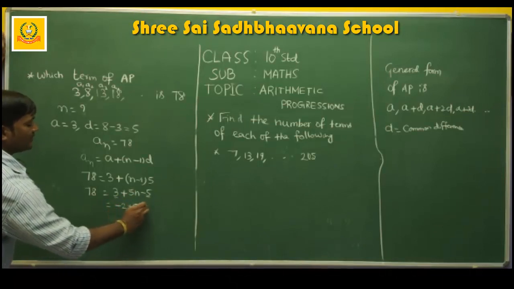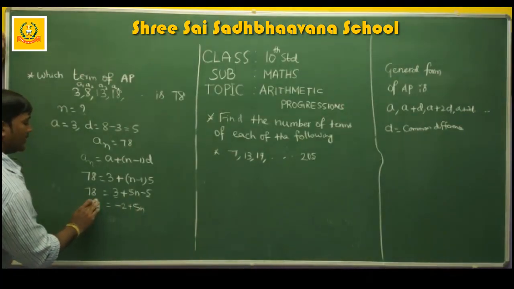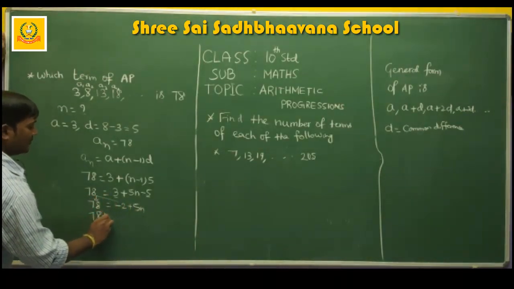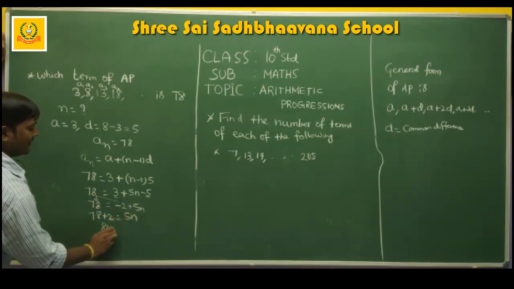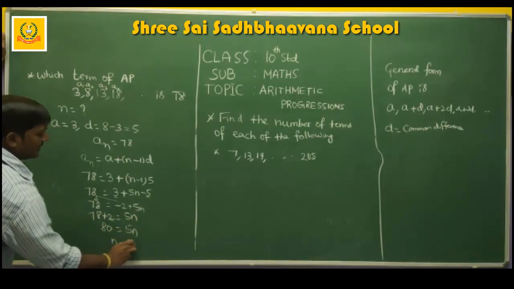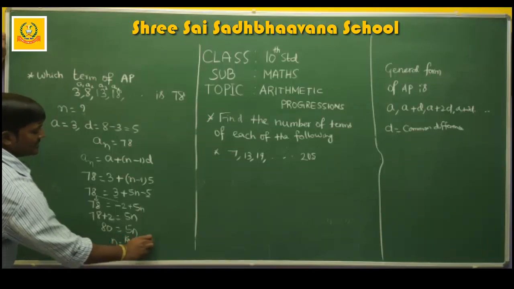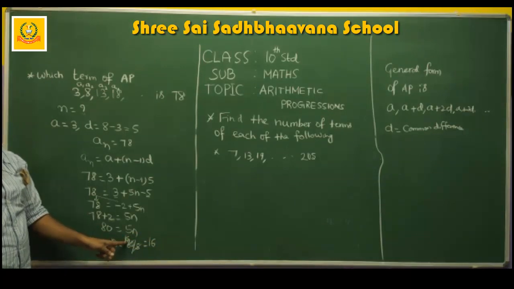So minus 2 plus 5n is 78. Here you send this minus 2 to this side. What do you get? 78 plus 2 is equal to 5n. 78 plus 2 is 80. 80 is equal to 5n. n is equal to 80 divided by 5, which is 16, because 5 sixteens are 80.